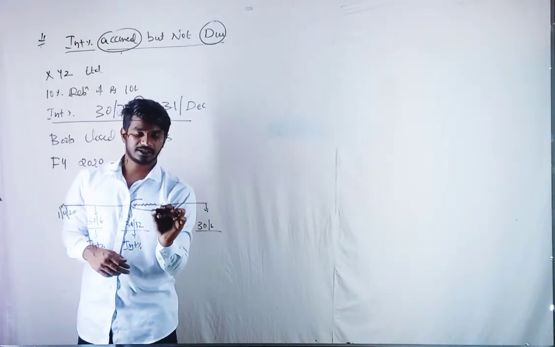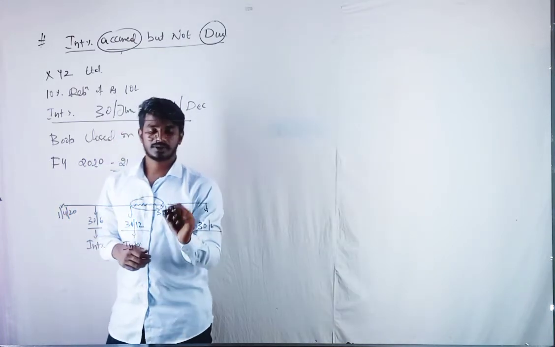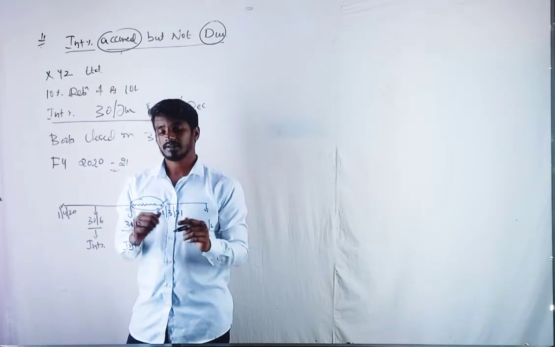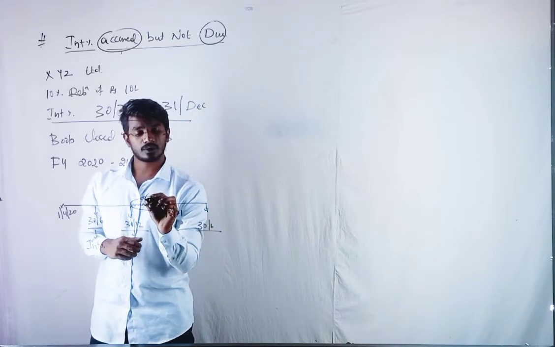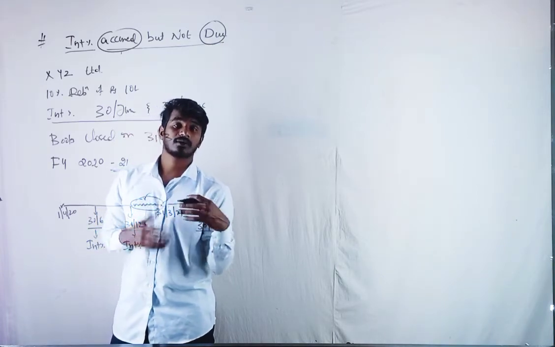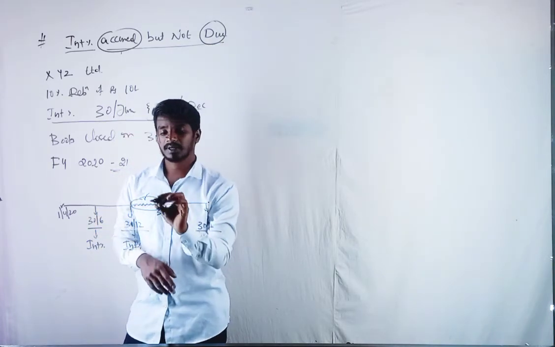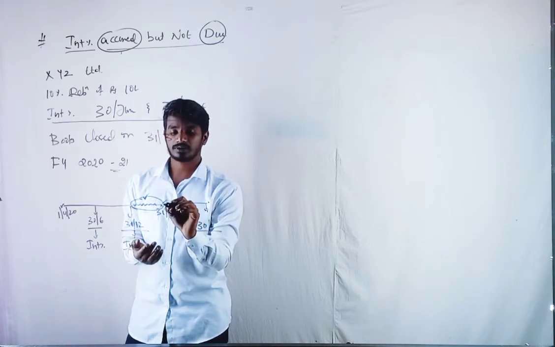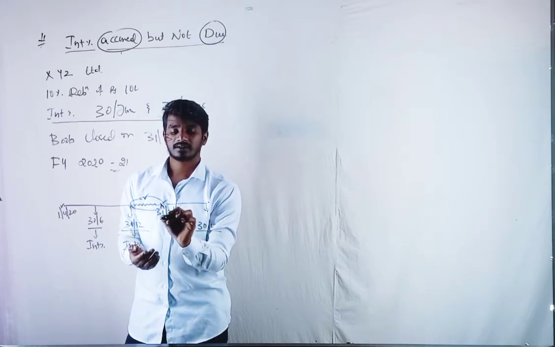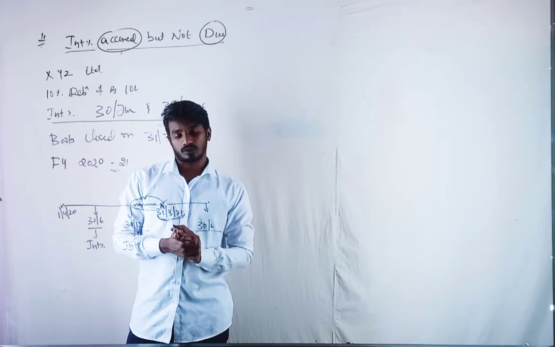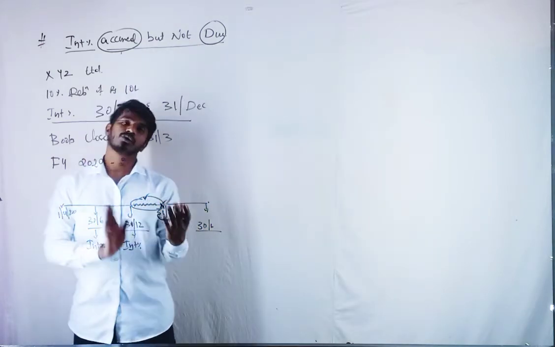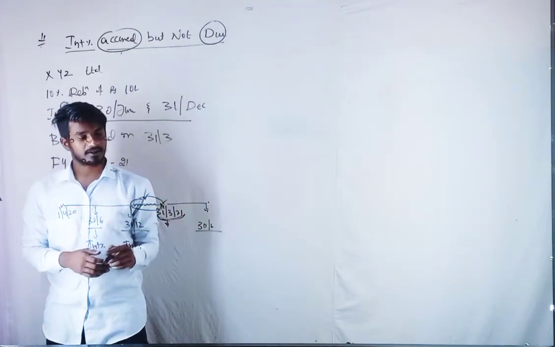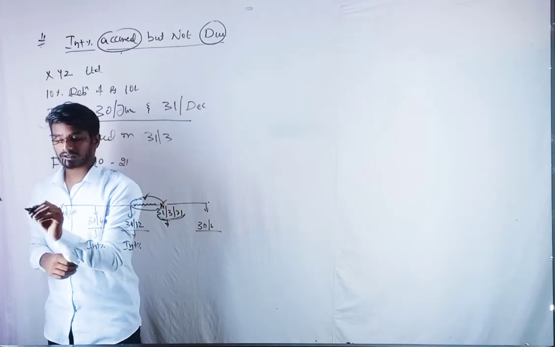For this period, we should record it, right? It is accrued but not yet due, so we shouldn't pay it, but it is already accrued. We should record it in the books of accounts, because we should close the books.